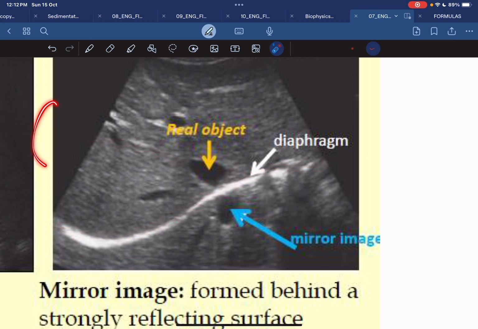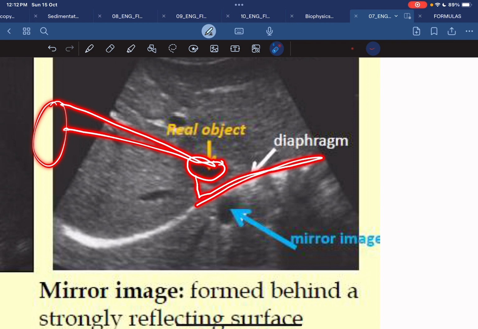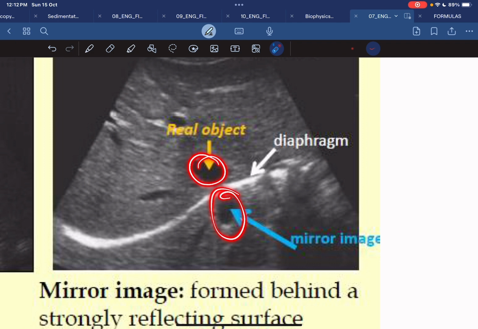So again, this is the transducer. It sends ultrasound waves. Now it hits this object and comes back. But some of it is reflected here also, and then this diaphragm reflects some of those rays back to this object, and then more comes back. Because of that, two images are formed, acting like mirror images of each other because of the diaphragm.